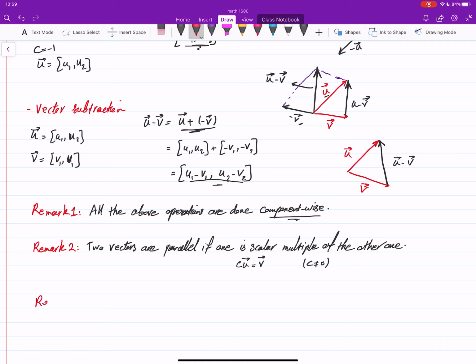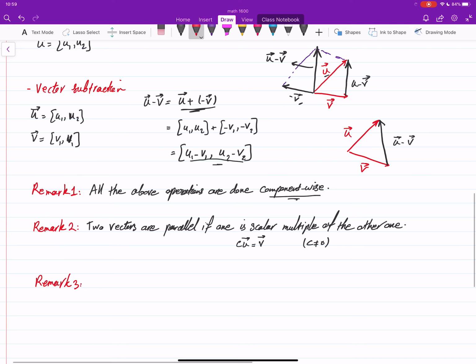This is an interesting one. Remember that when we had two points, A, B, recall the vector AB.